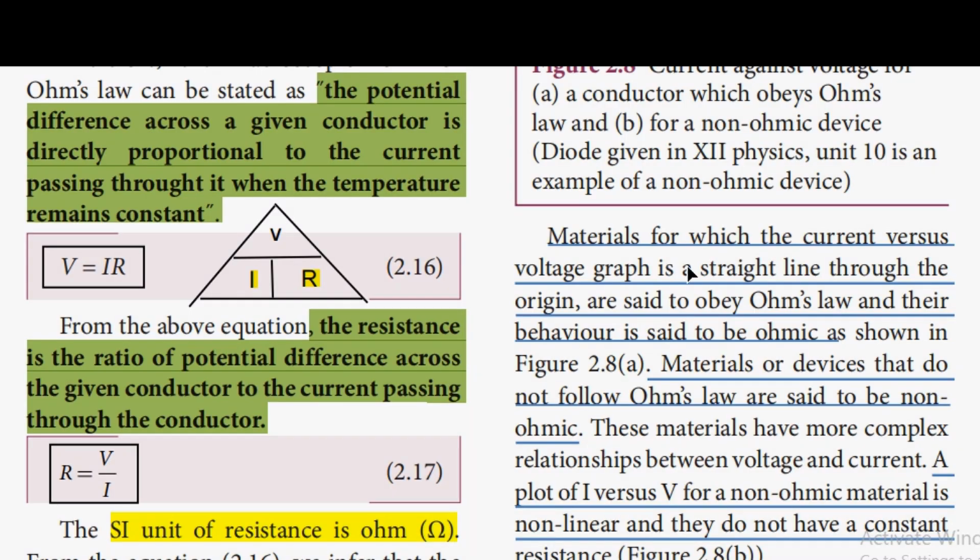What are ohmic materials? These are the materials for which the current versus voltage graph is a straight line through the origin, and they will be obeying Ohm's law, and their behavior is said to be ohmic.